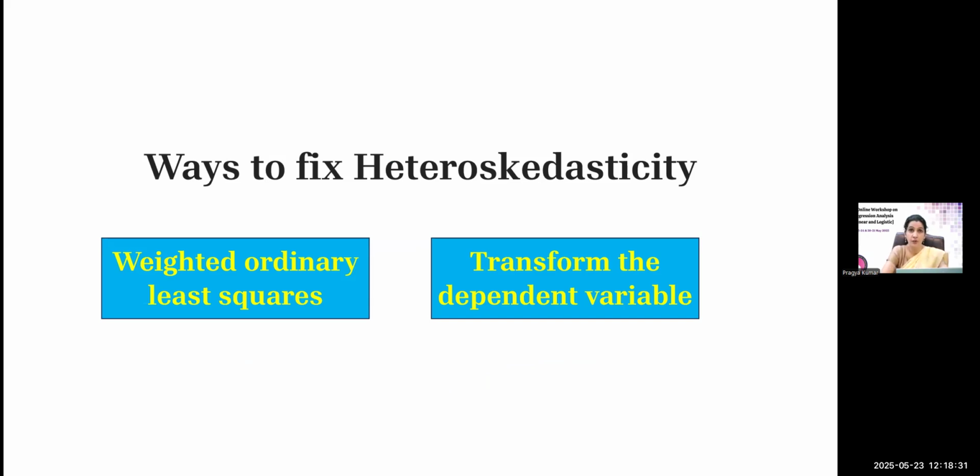In that case, you have to go for the weighted ordinary least squares regression, which we are not covering in this session. Or you can transform your dependent variable. You can do the log transformation, or there are other transformations also. So you have to transform the dependent variable if the assumption of homoscedasticity is not met.